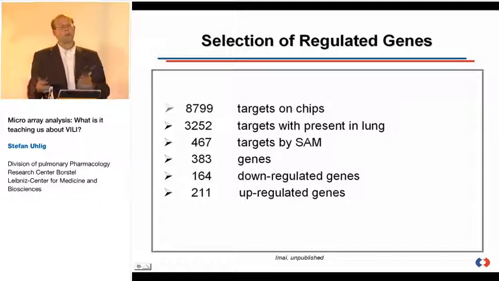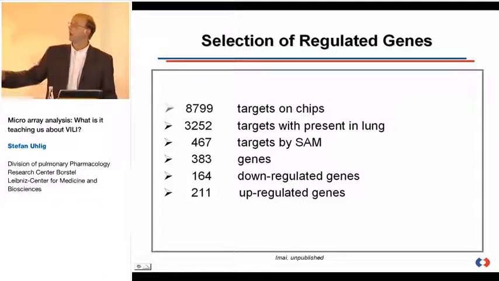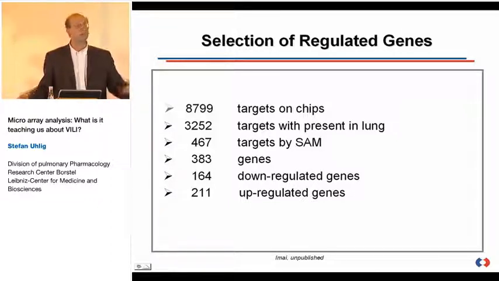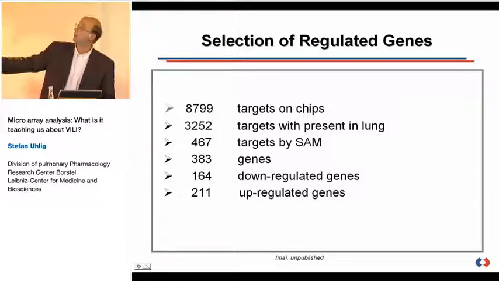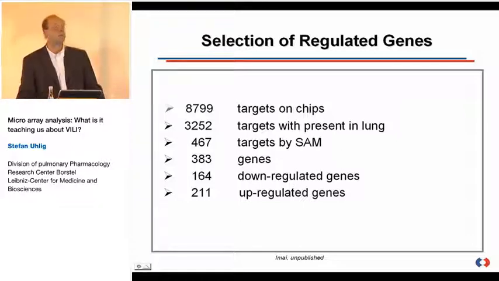So then we looked at different genes under these conditions, and we started with this gene just to give you some numbers, so you see how you go down with numbers in a real assay, in a real array. So we started with 8,799 targets on chips. And I call this targets because on many of those chips, genes are present 2, 3, 4, or even 5 times. So if you have 8,800 targets, it does not mean you're looking at the same number of genes.